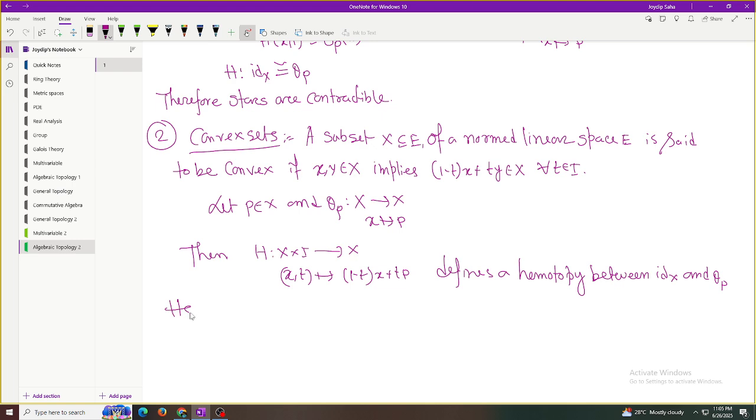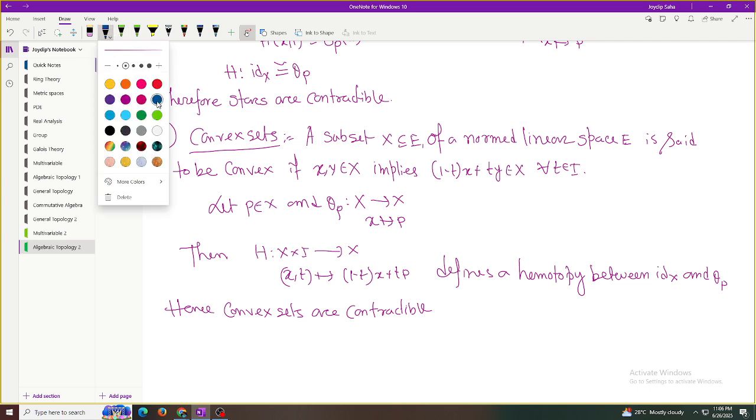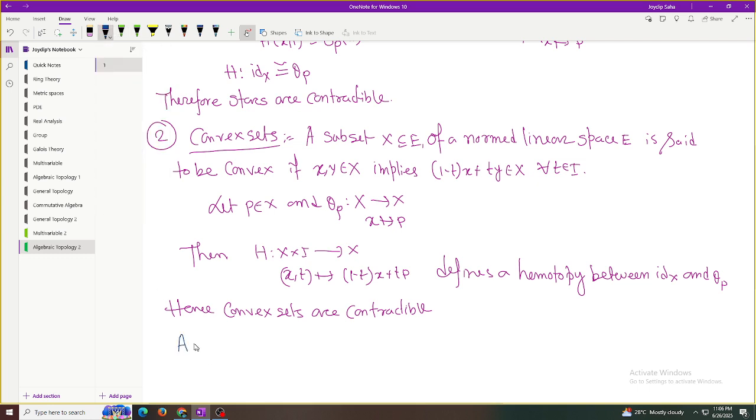Hence convex sets are contractible. Actually, any convex set is a star, hence contractible.